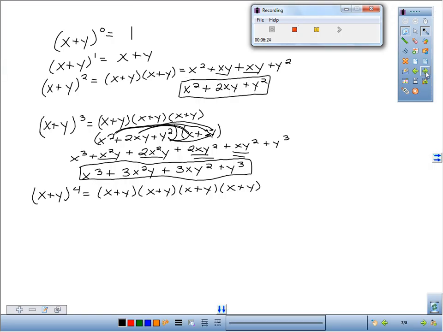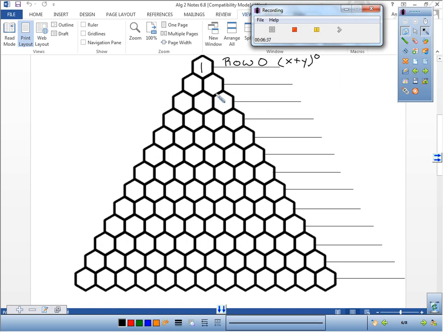Then if we go back, the x plus y to the first, we're going to take the coefficients of our variables. So that's 1 and 1. And that goes here. And so that is row 1 because it's x plus y to the first.